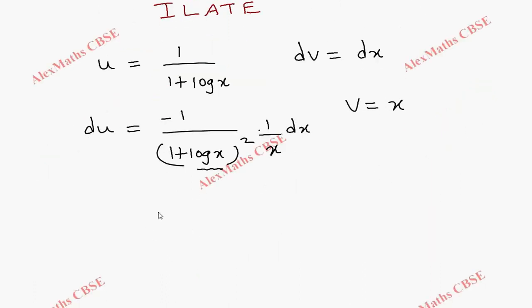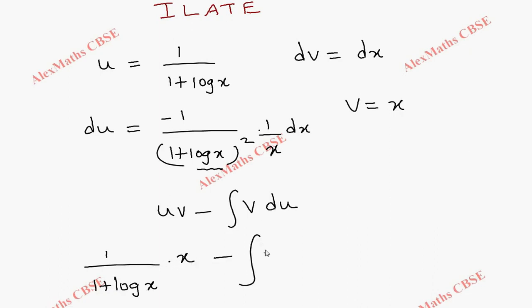So the formula is uv minus integral v du. So u is 1 by 1 plus log x into v is x, minus the integral of v, which is x, and du, which is minus 1 by (1 plus log x) whole square into 1 by x dx.